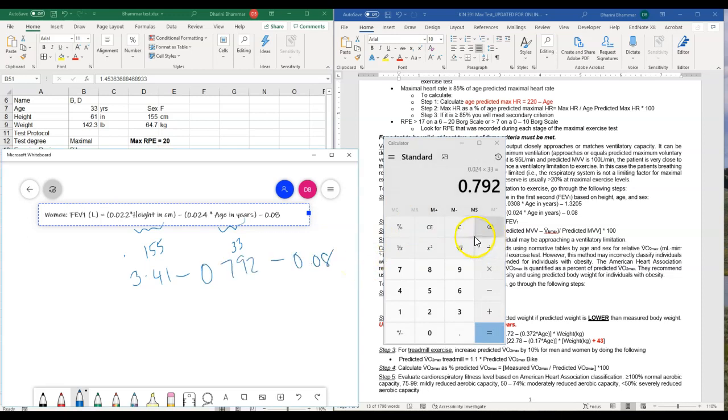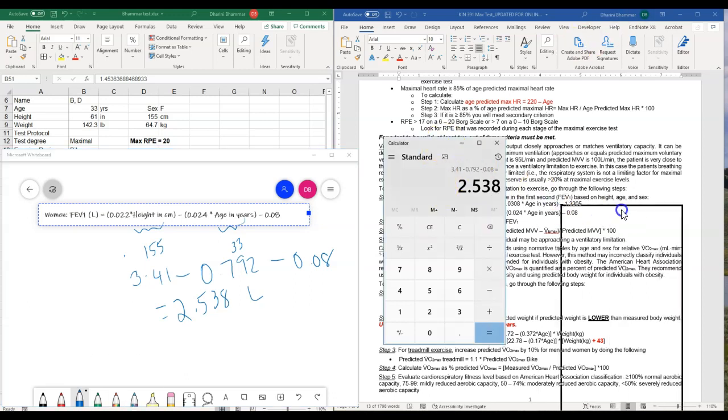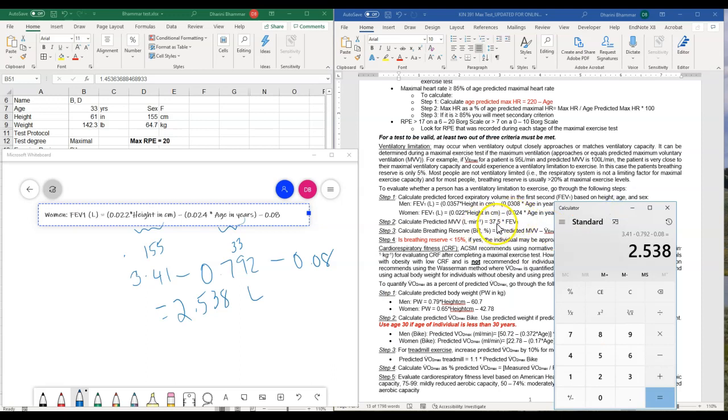So this is what you're solving for. So 3.41 minus 0.792 minus 0.08 is 2.538 liters. And then the next thing is to calculate maximum voluntary ventilation, which is 37.5 times this number.